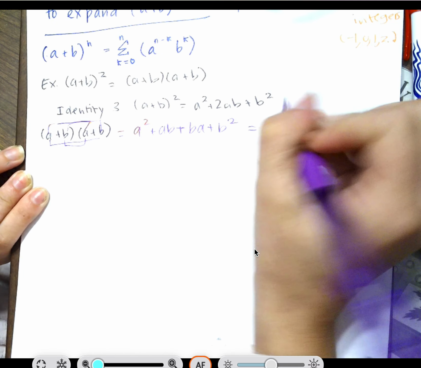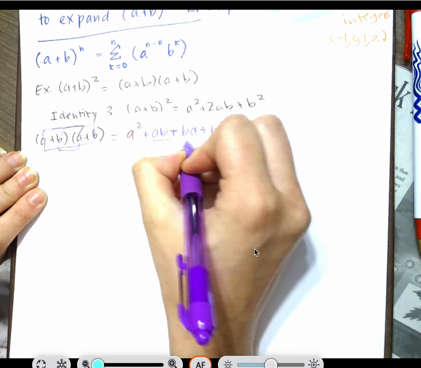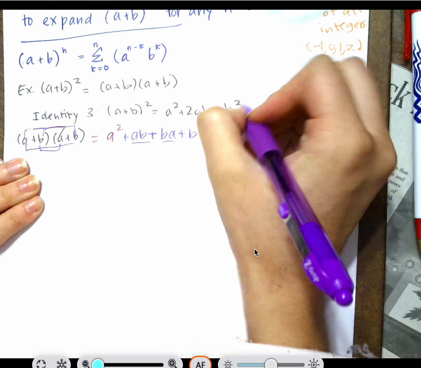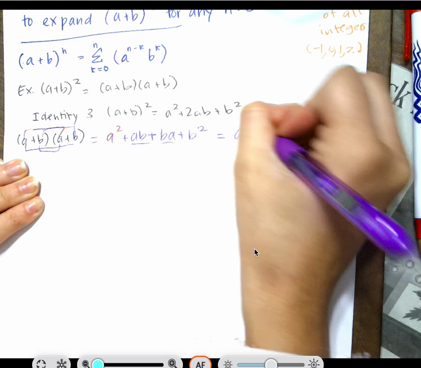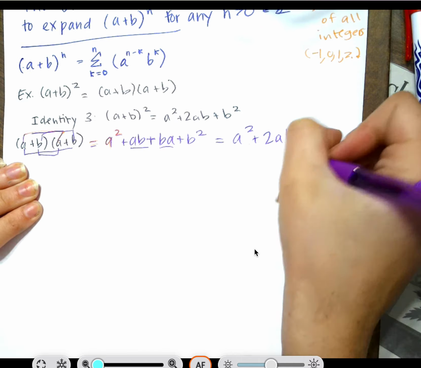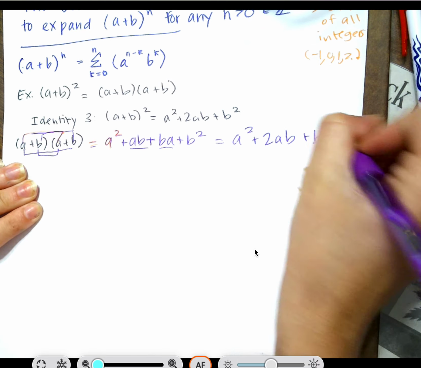Then you can combine your like terms ab and ba because you can switch it around. A squared plus 2ab, or ba, it's the same thing, plus b squared.